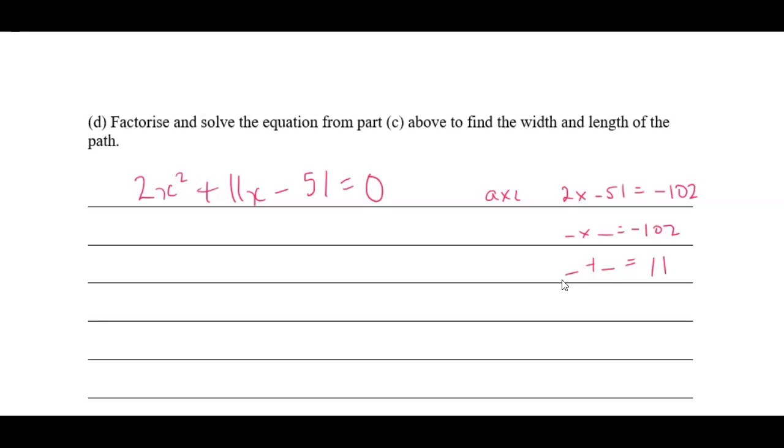Now the complicated part of this is thinking of the factors of negative 102. I think it's quite time consuming to think of what they are, but you can also remember that the 11 can guide you, because the difference between the two numbers is 11.